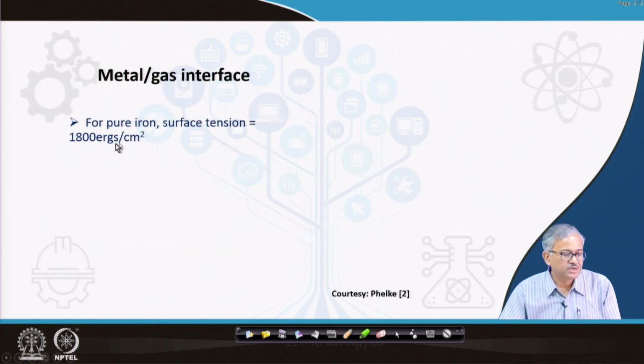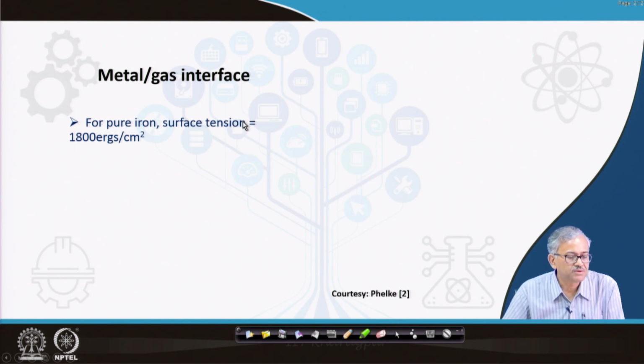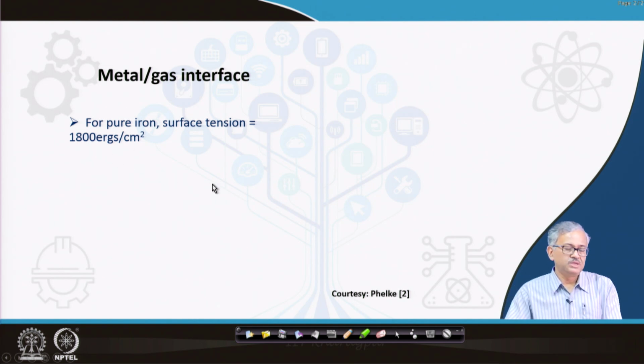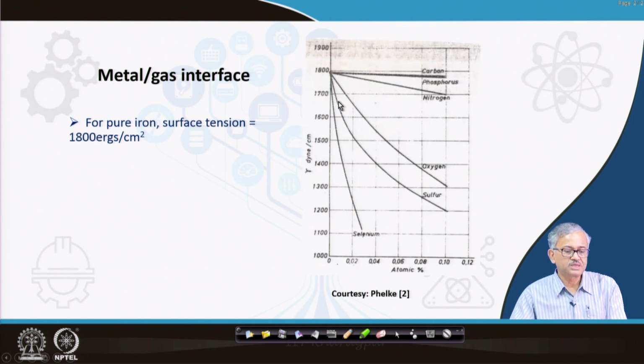Another is the metal gas interface. This is also an important interface. For pure iron, surface tension is 1800 ergs per centimeter square. The metal gas interface surface tension also can be reduced by using a surface active element. In presence of oxygen and sulfur, the surface tension decreases from 1800, it can come to 1200.